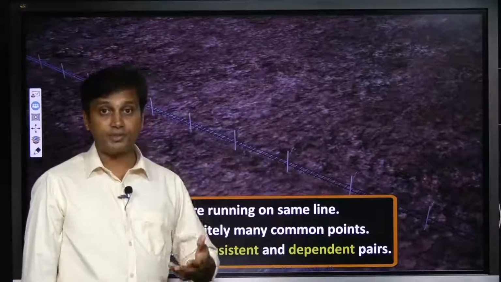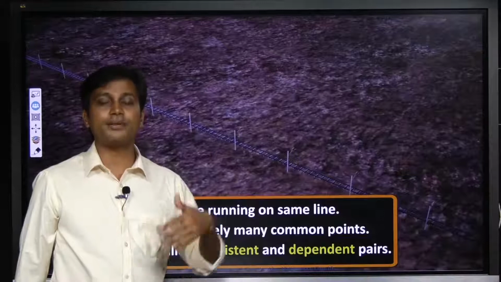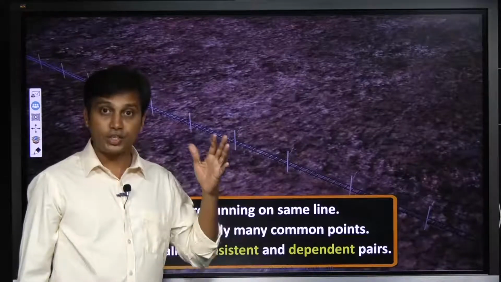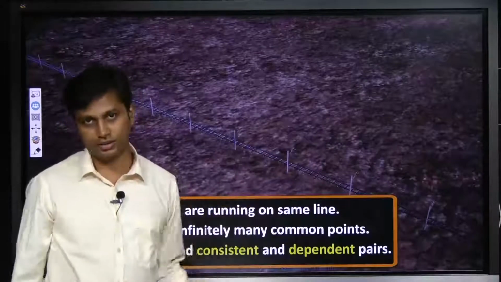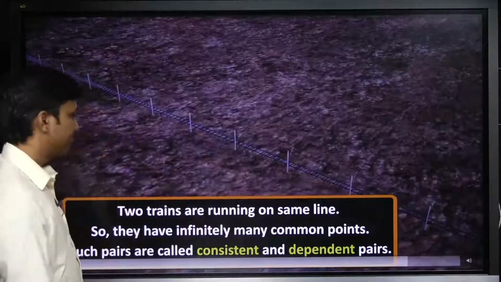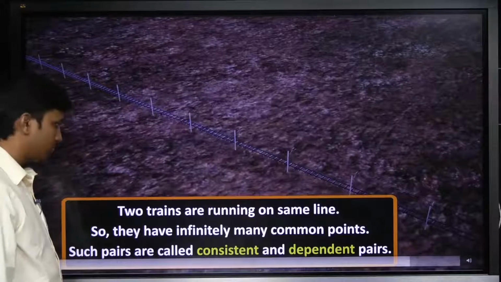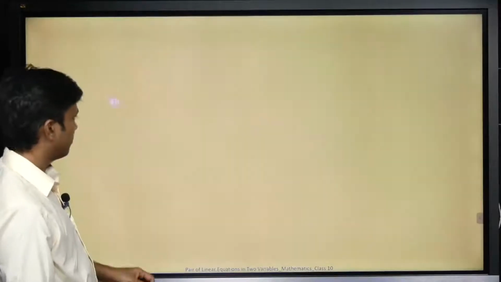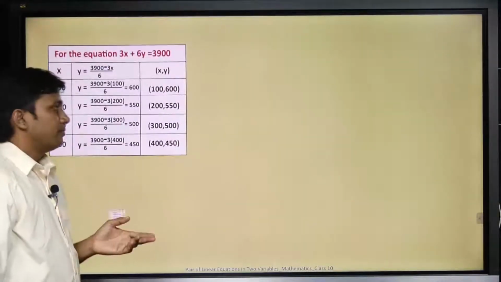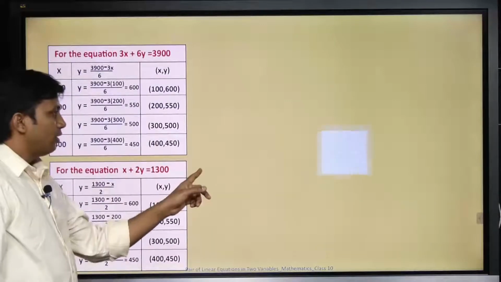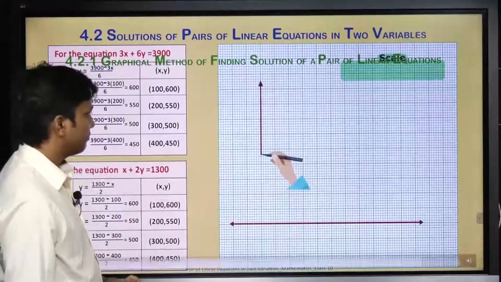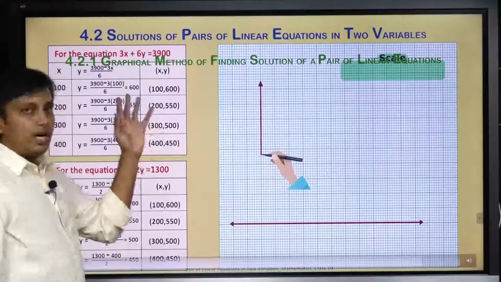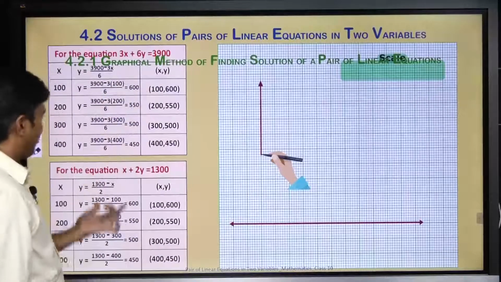Let us observe one mathematical example also in terms of equations, and we'll solve it graphically, and see whether the same thing happens or not. Now again we took two different equations here.